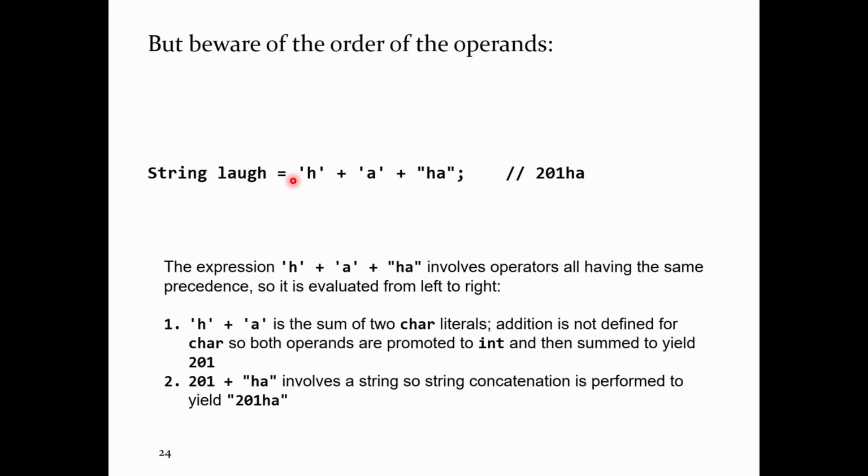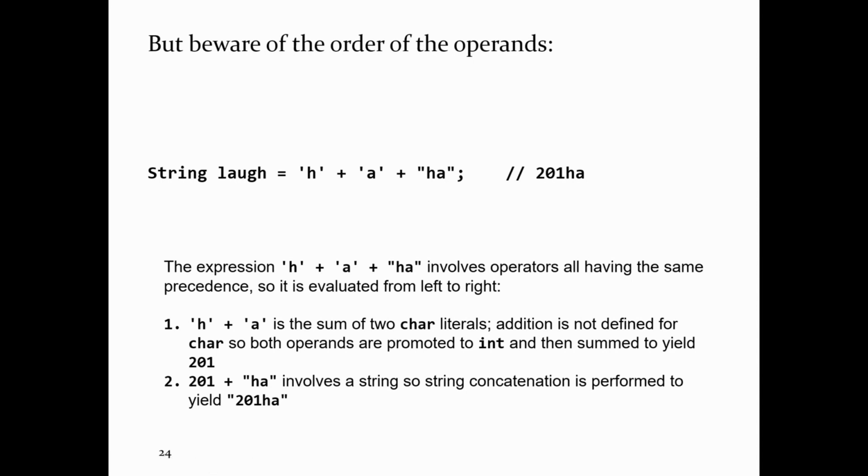So that gets computed as an int, and then you add or concatenate a string. Now string concatenation happens, but the sum happens first because you've got a plus and a plus. The plus operator has equal precedence regardless of the operand types, so the order of operations goes from left to right. So char plus char gives you an int, plus a string gives you a string. So you get the int 201 plus the string ha.